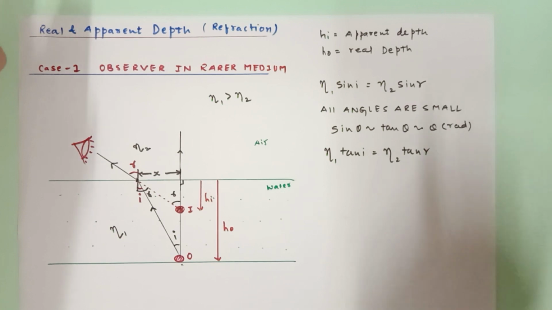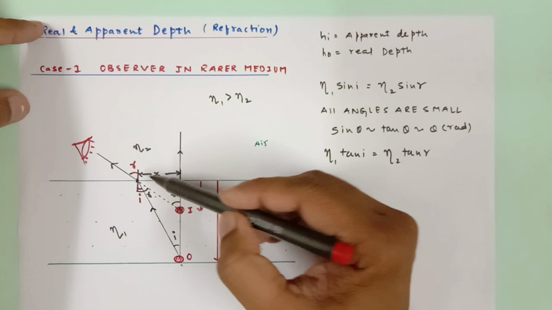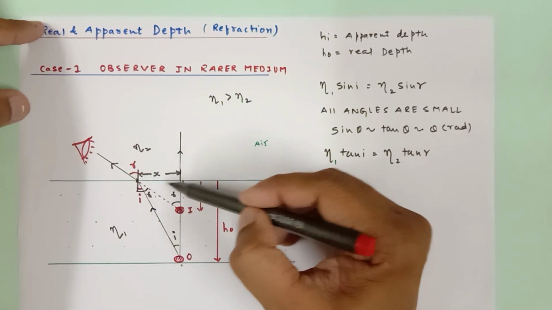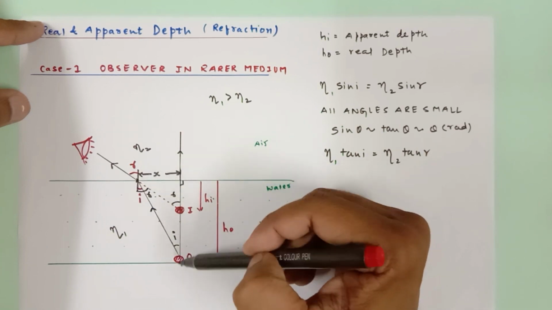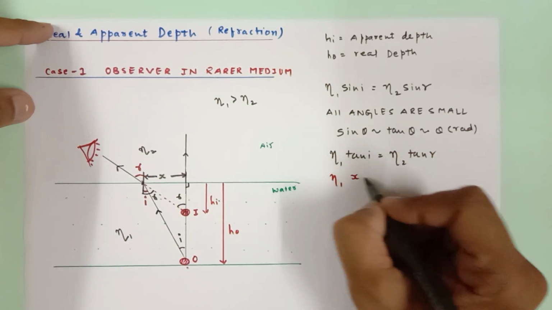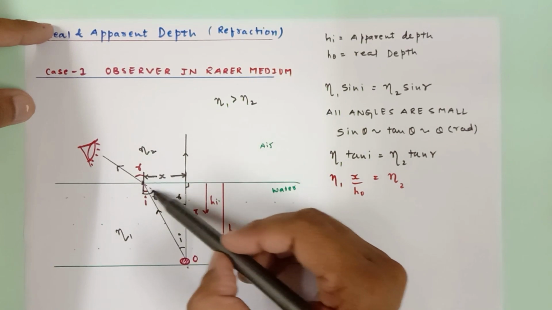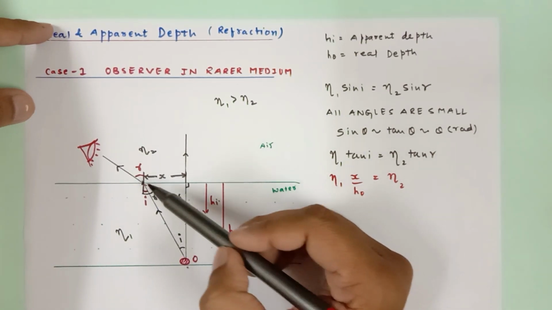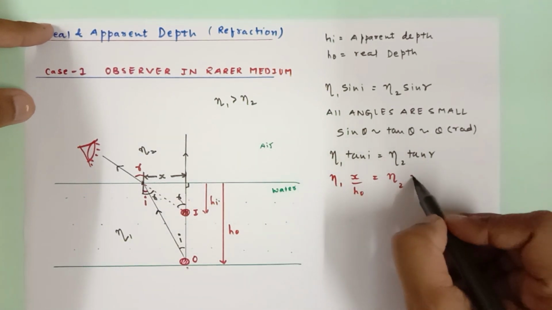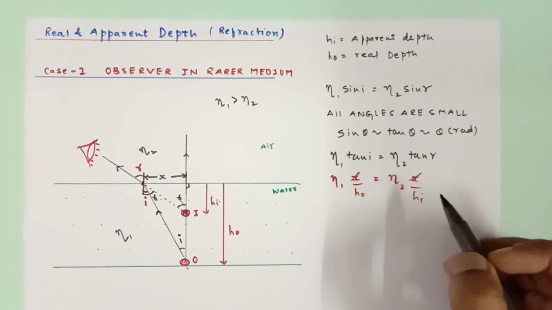Okay. Now if you look at this bigger triangle carefully, tan I is equal to perpendicular upon base. So tan I from this big triangle is equal to x upon HO. So here it is eta 1 x upon HO, that is equal to eta 2 times tan R. Now from this triangle, tan R is equal to perpendicular upon base, so x upon HI, and this x gets cancelled.